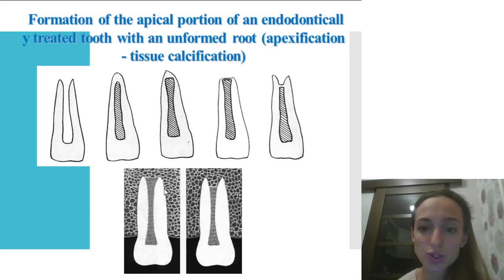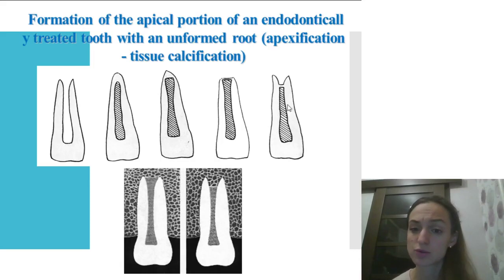Formation of the apical portion of the endodontically treated tooth with unformed roots. Look, please, how we work. We leave 2-3 millimeters. And after our root canal obturation, if we are doing this obturation right, we will have such a picture. It's a very good result.